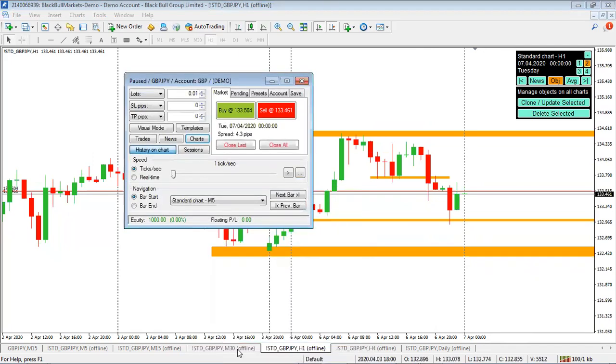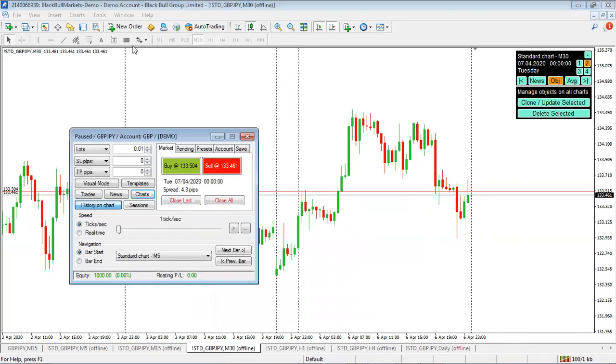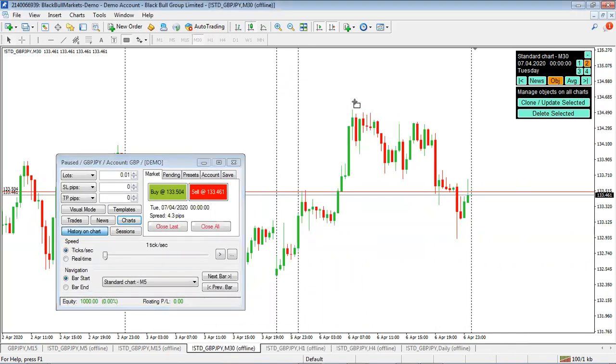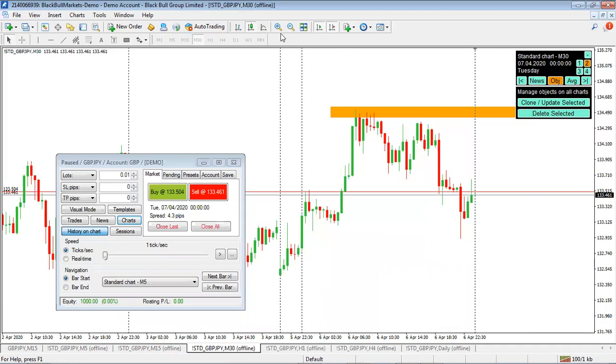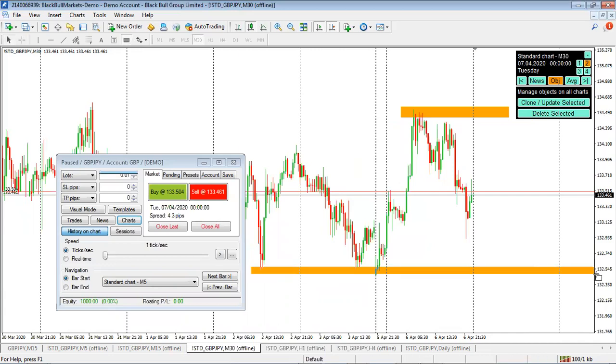Then moving right along, let's go to the lower time frames, the 1 hour and 30 minutes. You'd remember that on the highest time frames we had this here. Then on that 1 hour, we also had a range.